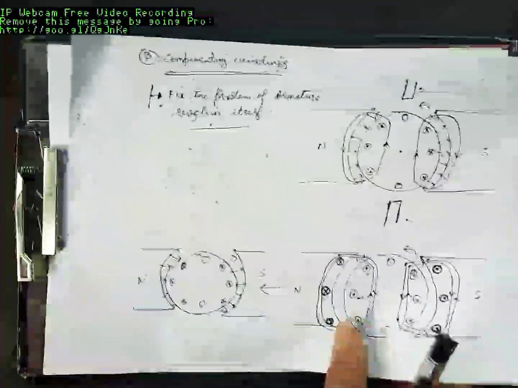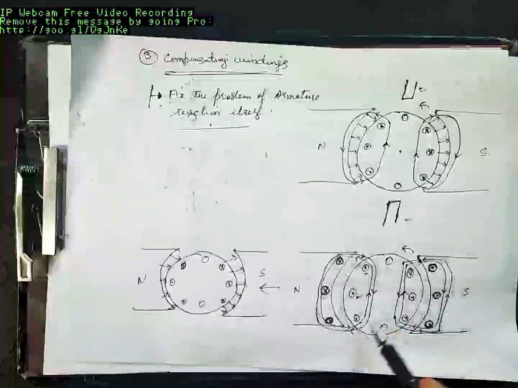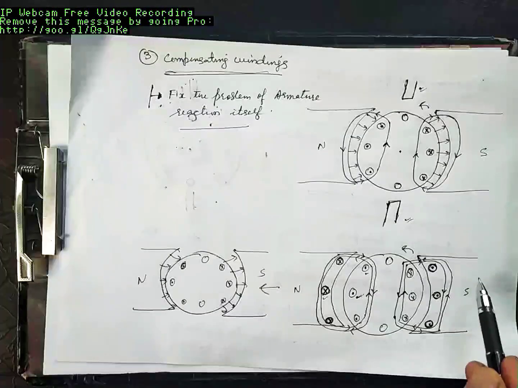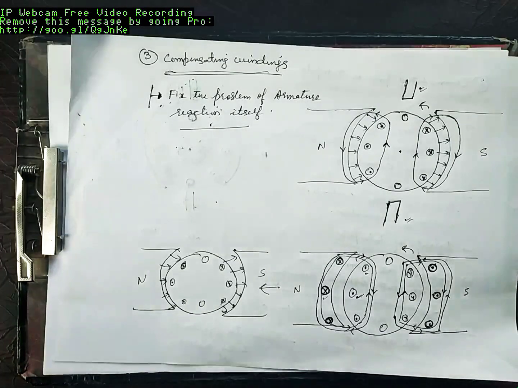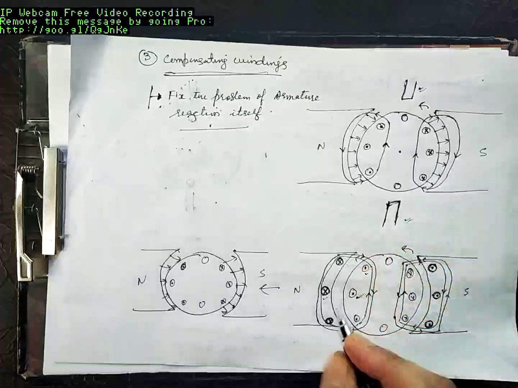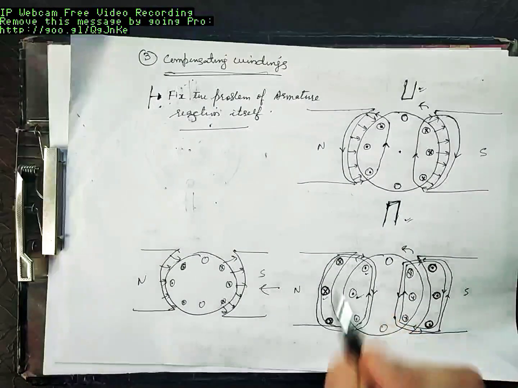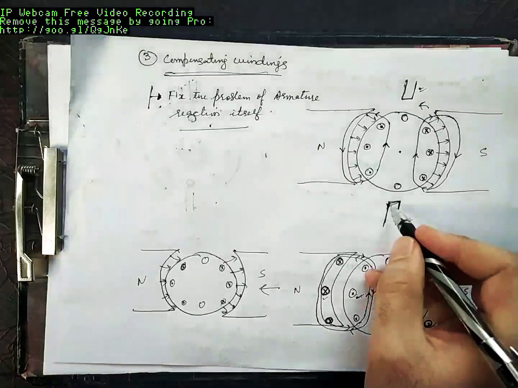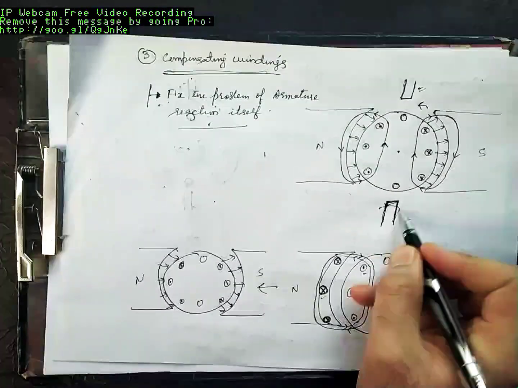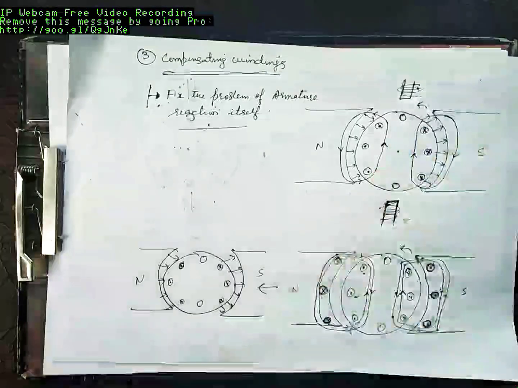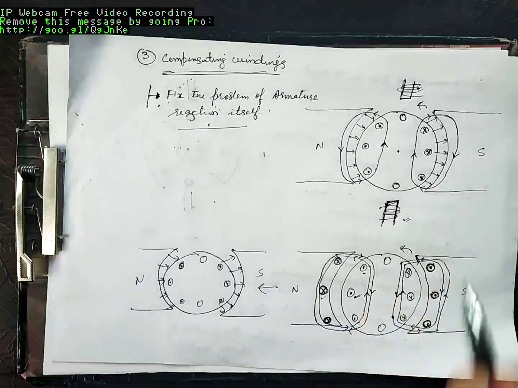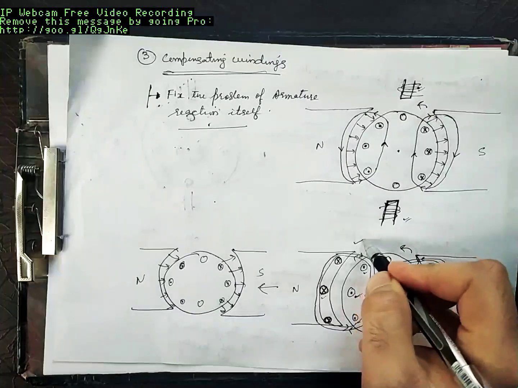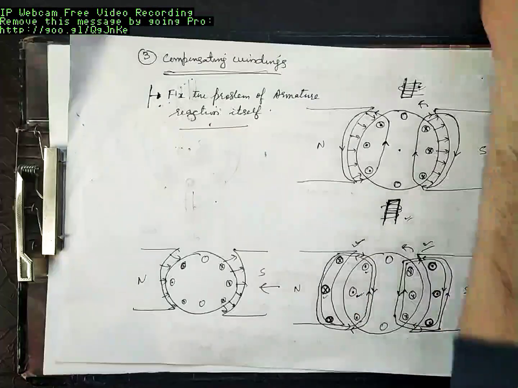These compensating windings solve the problem under poles only, that is, they solve the problem of armature reaction only. So machines where you use compensating windings to solve the problem of armature reaction invariably have interpoles as well.